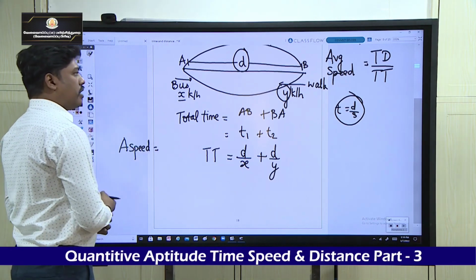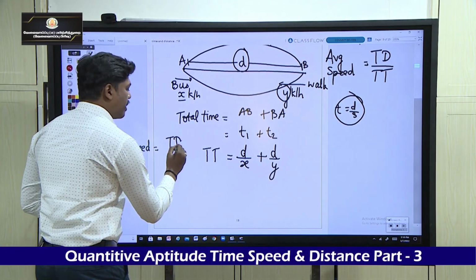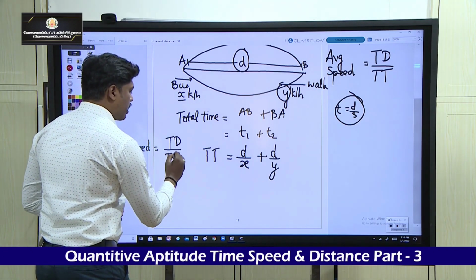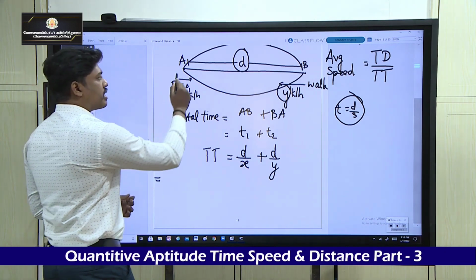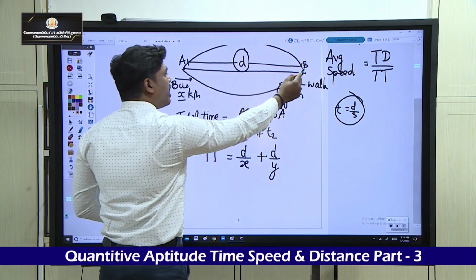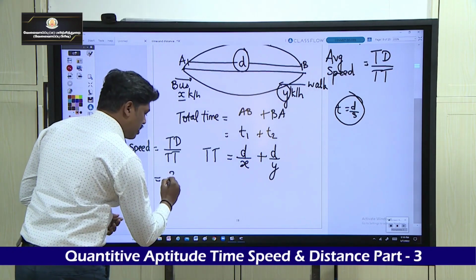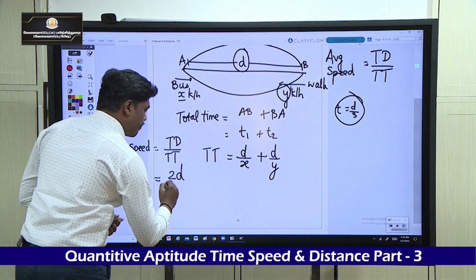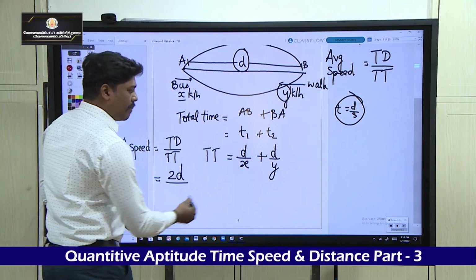What is average speed? We saw average speed is total distance by total time taken. What is total distance? The person goes from A to B and comes back to A. So, D plus D, which is 2 times D, divided by total time. What is total time here?